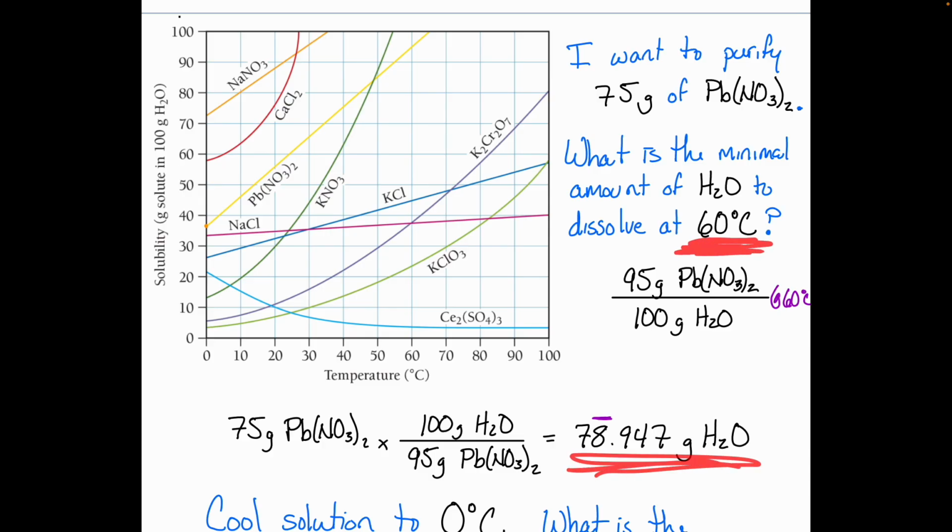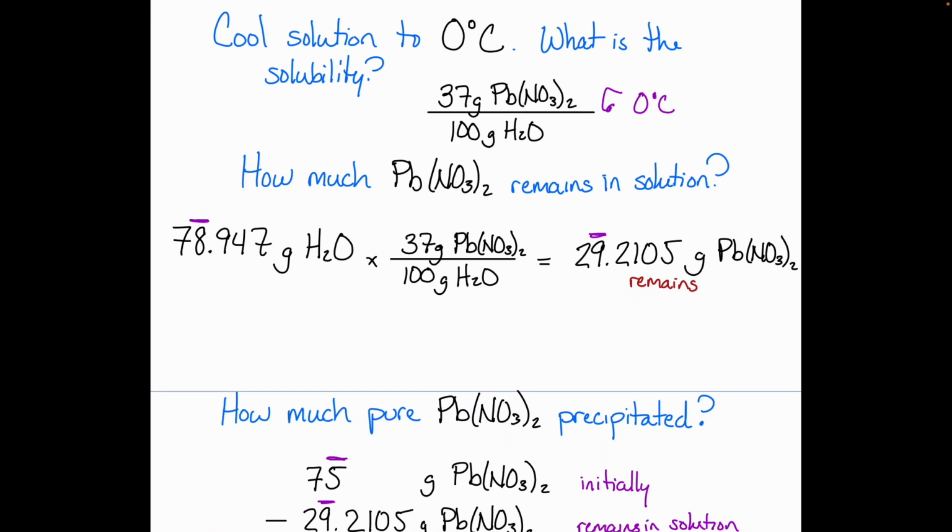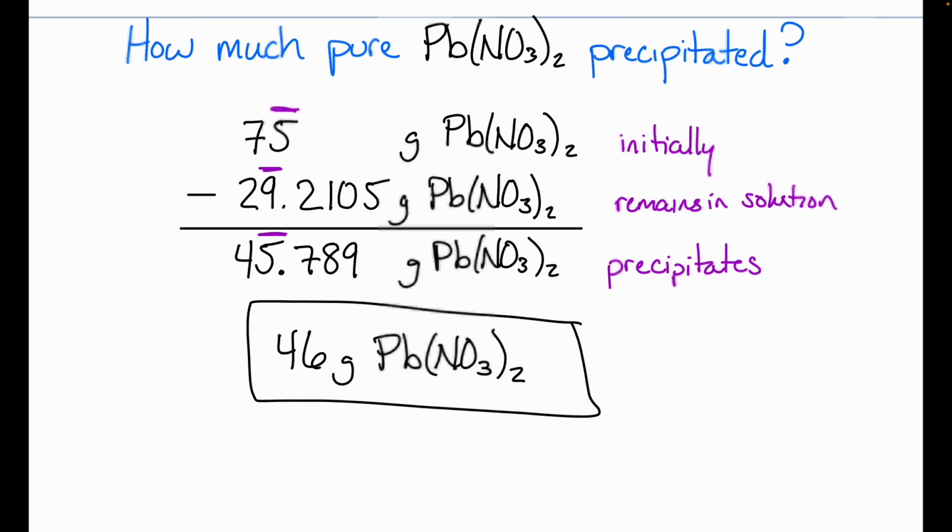Hot because it was at that high temperature. I cooled it down. I first had to figure out how much remained in that cold solution using the solubility at that new temperature, right? Using our solubility, that's how much remains dissolved. So then the difference between what I started with and what remained in solution, that's how much I get back out that's nice and pure. That's how much precipitates out of that solution.